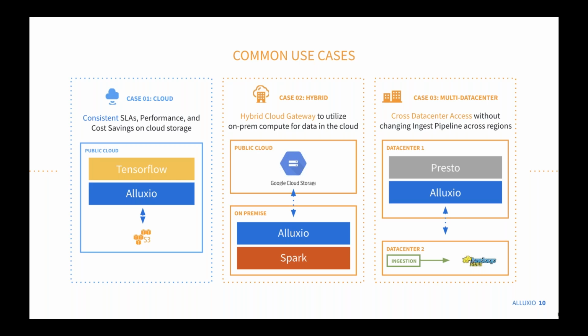Now, the scenario on the left-hand side is a scenario in which it's all in the cloud. So think of scenarios where you have, let's say, TensorFlow running some machine learning applications with data large enough that it cannot reside on a single node. So it's being stored in a cloud object store like Amazon S3.